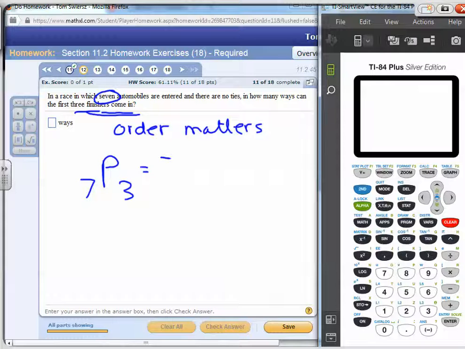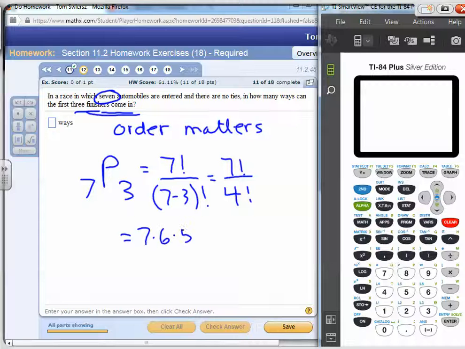So again, it would be 7 factorial over 7 minus 3 factorial. So it's 7 factorial divided by 4 factorial, which would be 7 times 6 times 5. And then the 4 factorials will cancel. So the answer is 7 times 6 times 5. Or you can do it on your calculator.